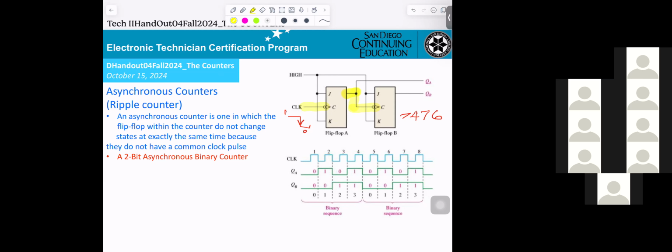It cannot be higher. There are only two outputs, Q1 and Q2, or QA and QB. So this is the timing they're showing you here.